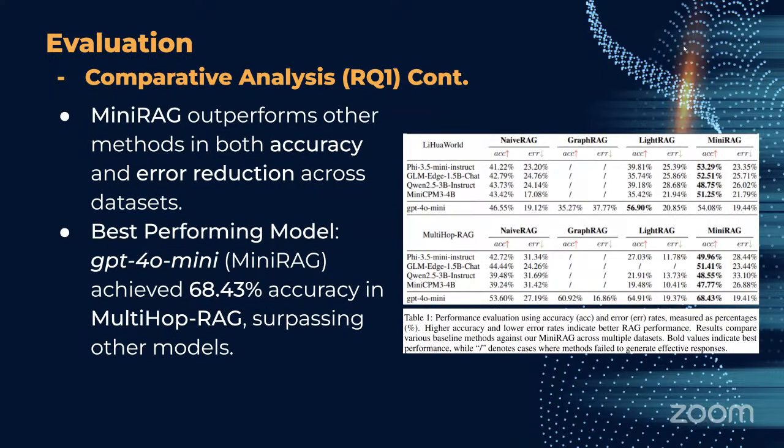For multi-hop RAG, MiniRAG again came out on top with 68.43% accuracy, meaning it retrieved the correct information almost 7 times out of 10. LightRAG, on the other hand, dropped from 64.91% with the large language model to 27.3% with the small language model.